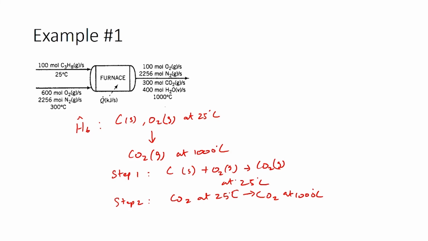So, H6 cap would be equal to delta HF cap for carbon dioxide plus, we will just call it HA cap, where HA cap is nothing but the heating of carbon dioxide from 25 to 1000. You can get these values from the tables and you would end up with H6 cap as minus 344.9 kilojoules per mole.